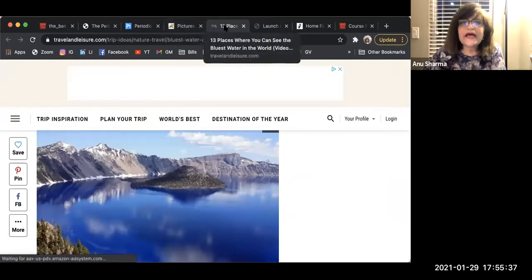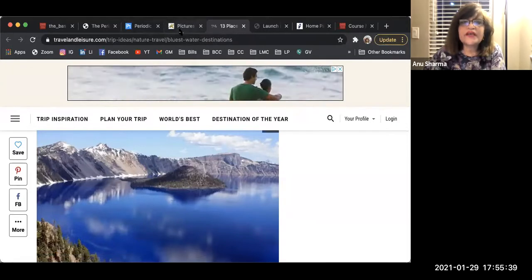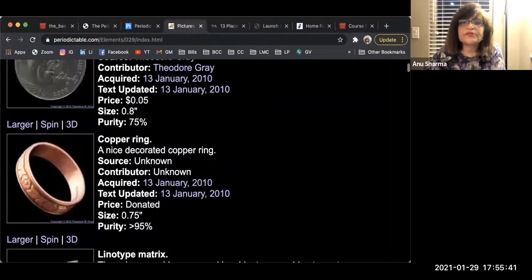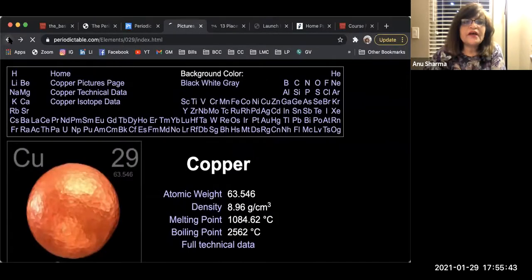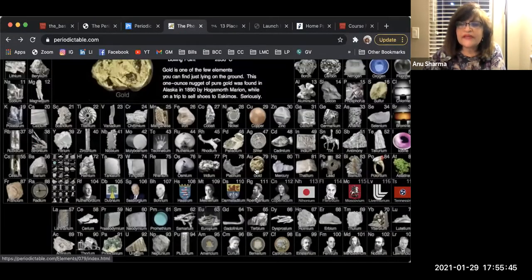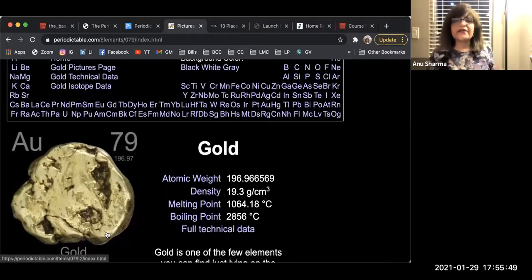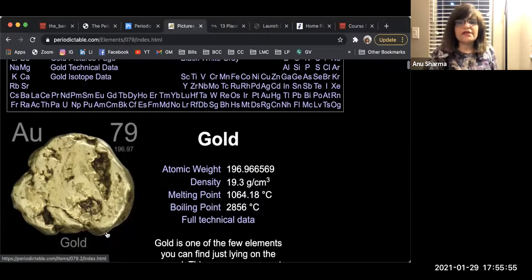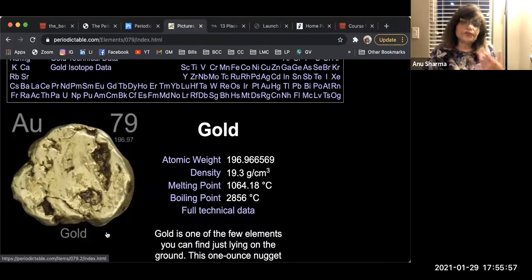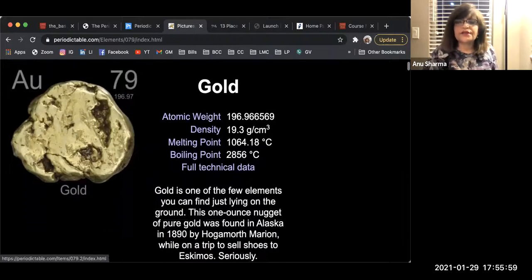Let's look at the other examples of some of the other elements. For example, let's say everybody knows gold, okay? Everybody knows it's shiny, it's hard, and we obviously make jewelry, and it has a very high boiling point, very high melting point, and it does not, for the most part, react with many things.